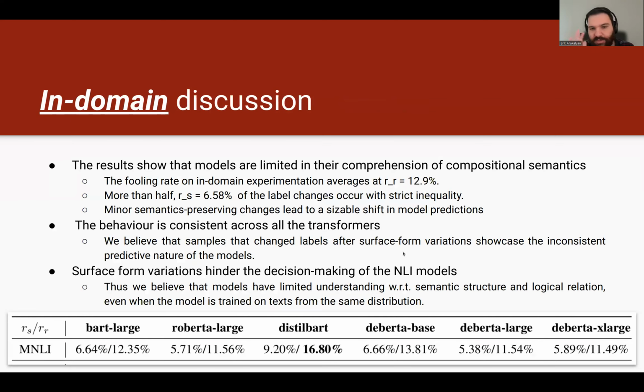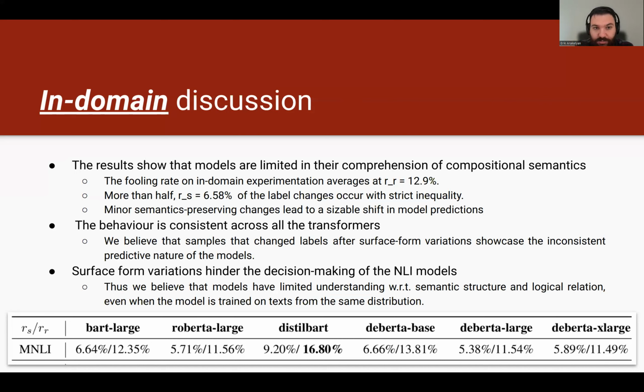So let's look at it step by step. For in-domain experiments, meaning all the models were trained on MNLI and tested on MNLI, we see that the fooling rate is reaching upwards of 12.9, 16%, essentially meaning that more than 50% of the examples have flipped the label after a very small change in surface form, which is very bad.